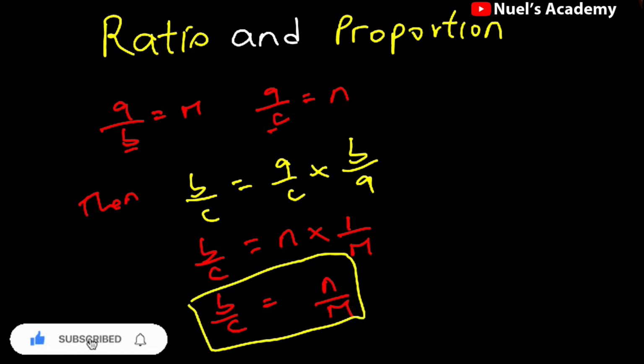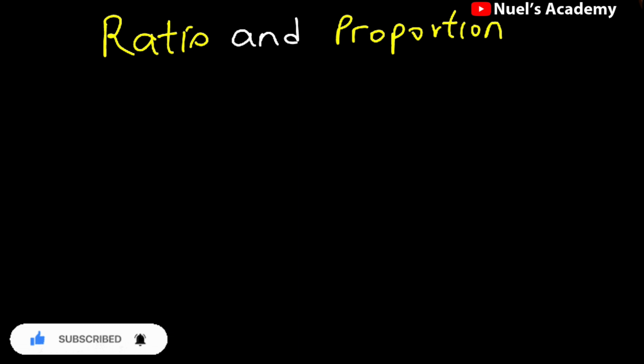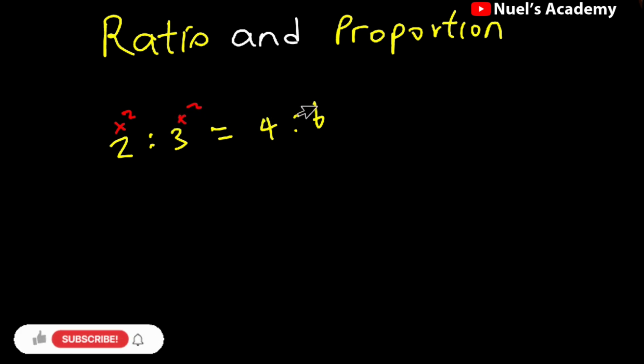So let's discuss proportions. Proportion simply means that two ratios are equal, or it shows that one quantity increases or decreases in the same way as another. For example, 2:3 is proportional to 4:6. This is because 2 times 2 is equal to 4 and 3 times 2 is equal to 6. 2 is a common multiplier here.